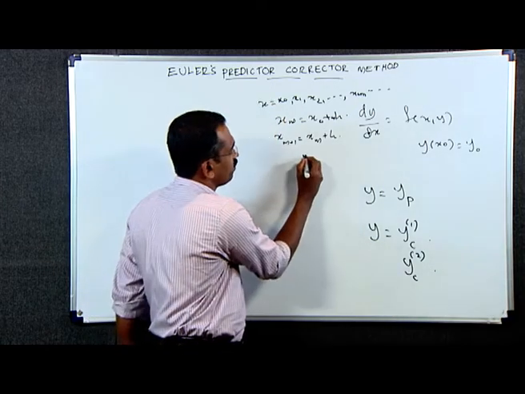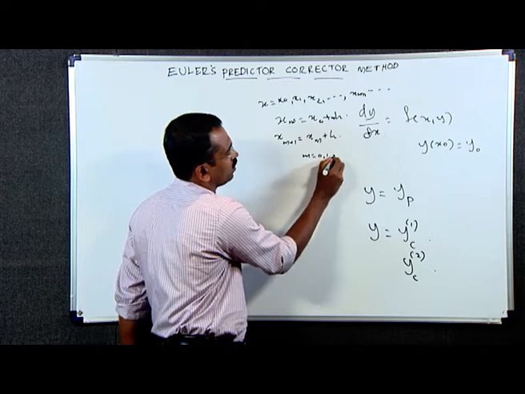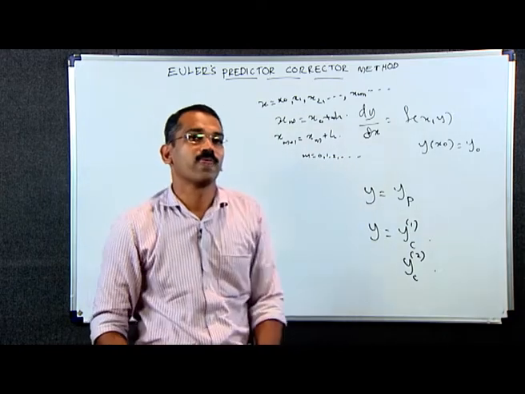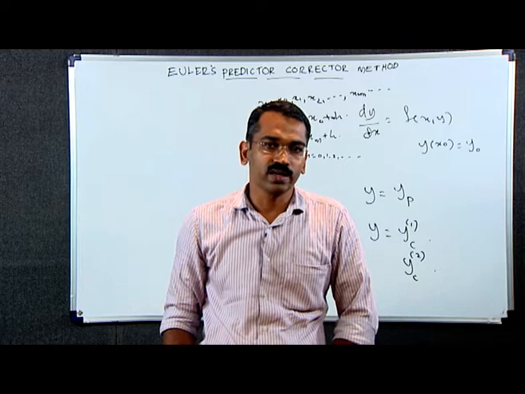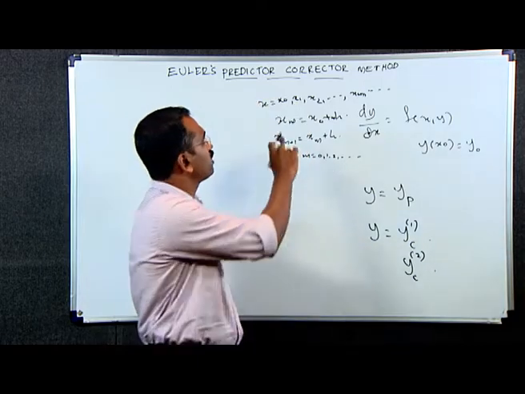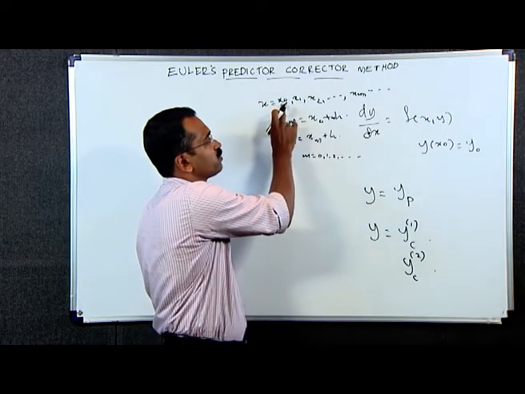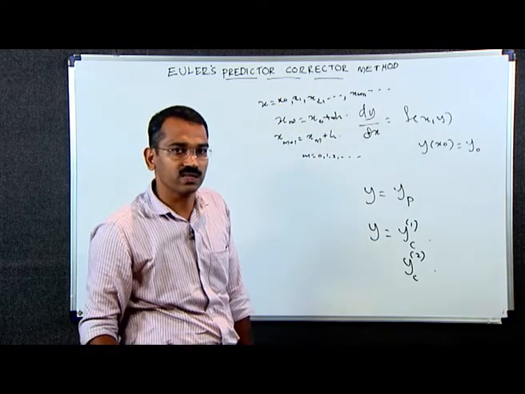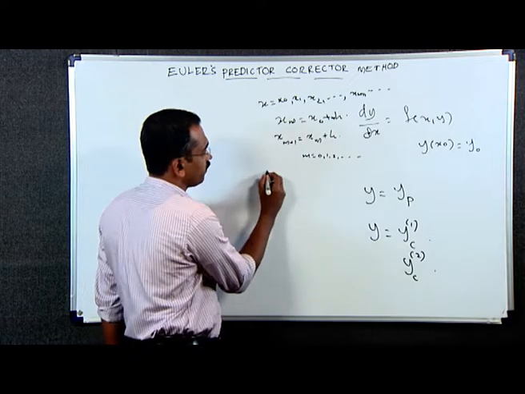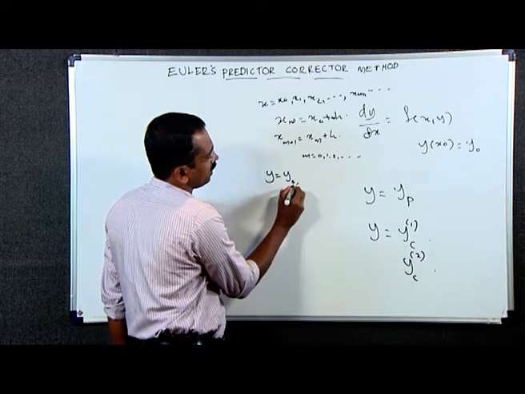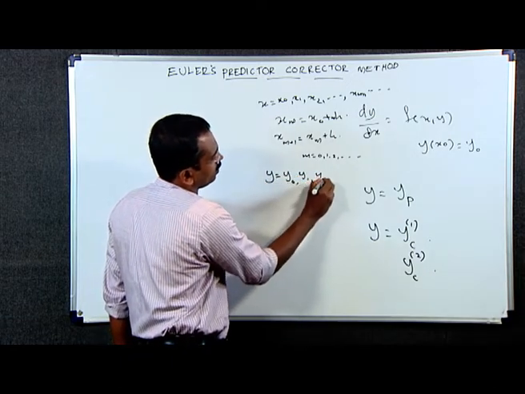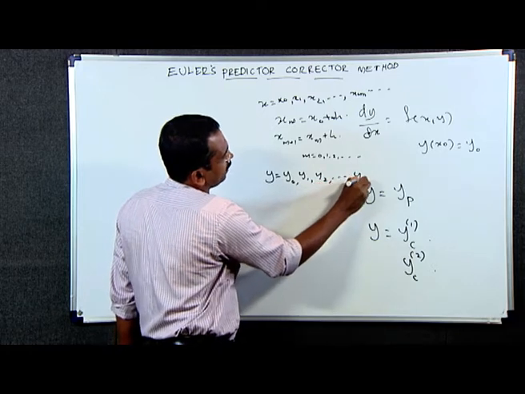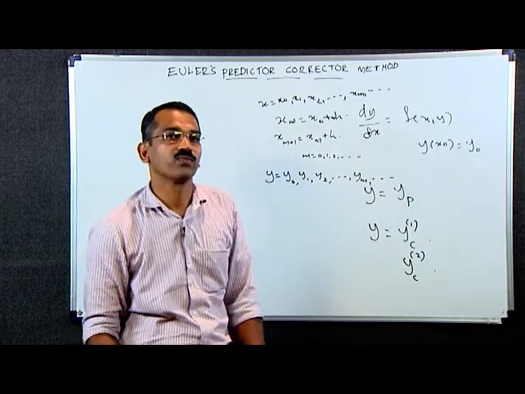Here m varies from 0, 1, 2, 3, etc. The values of y corresponding to these values of x, that is corresponding to x naught, x1, x2, etc., xm, etc., are denoted by y naught, y1, y2, etc., ym, etc.